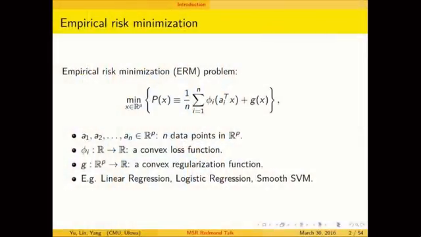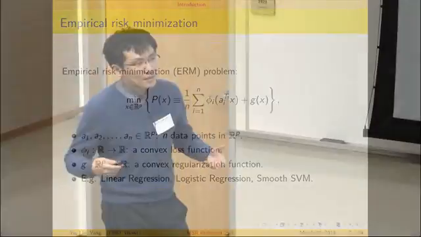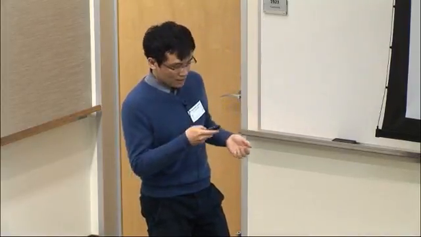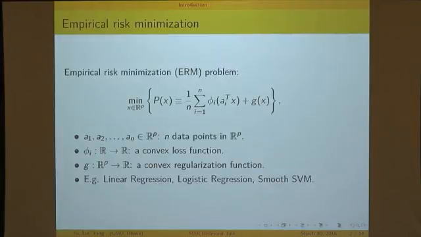A lot of machine learning problems can be abstracted to the following empirical risk minimization problem. It is essentially minimizing a convex objective which contains two parts. The first part is called the empirical loss, which is computed from the given data. The second part is the convex regularization function, for example the L1 norm or L2 norm, which can incorporate our prior knowledge on the decision variable.